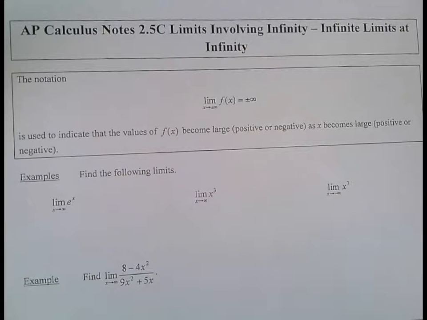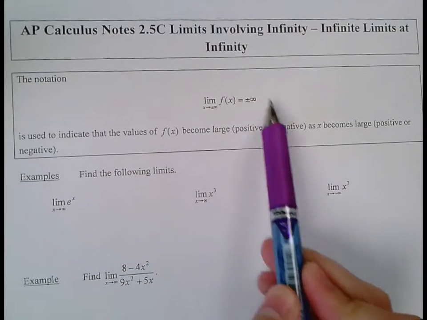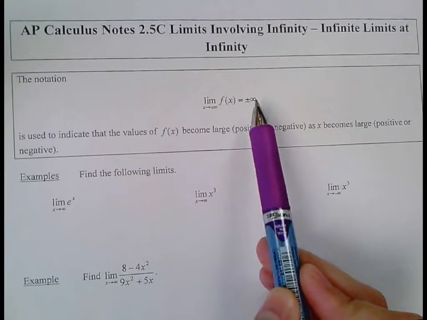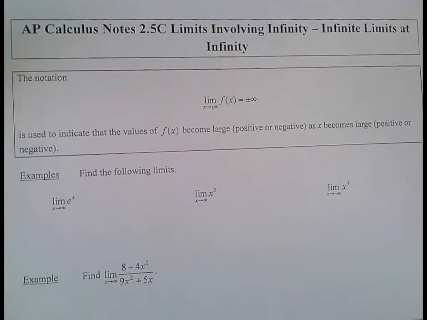Now this is where not only could your limit equal positive or negative infinity, but x could be approaching positive or negative infinity as well. So when x approaches infinity, y also approaches infinity, or some combination of positive and negative infinity. This is the notation for it. X could approach either positive or negative, and your y values would also approach positive or negative.